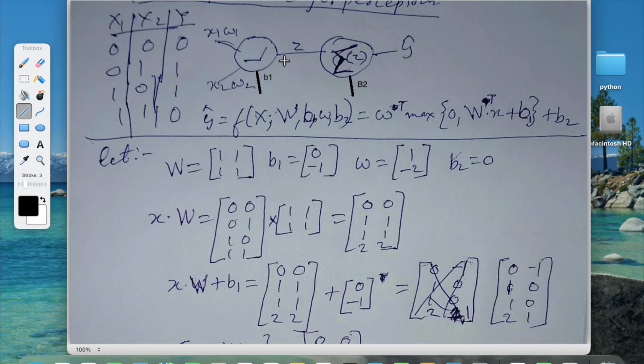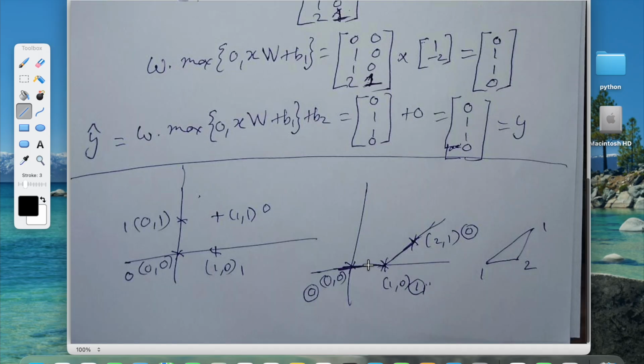If you did not get this part, please go through it again and again. This is basically folding of the entire solution space. The input which was here has now gone over here.